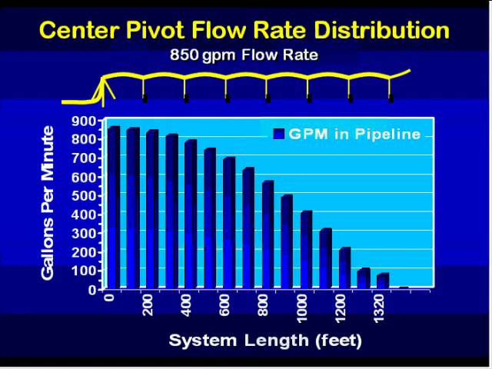If we look at the situation where we go out to 1,000 feet, we still have 400 gallons a minute or a little bit more in the pipeline being transported out towards the outer edge of the system. So here we are more than 2/3 of the length out, and we still have nearly half of the flow rate still in the pipe. So this is what I was referring to earlier.